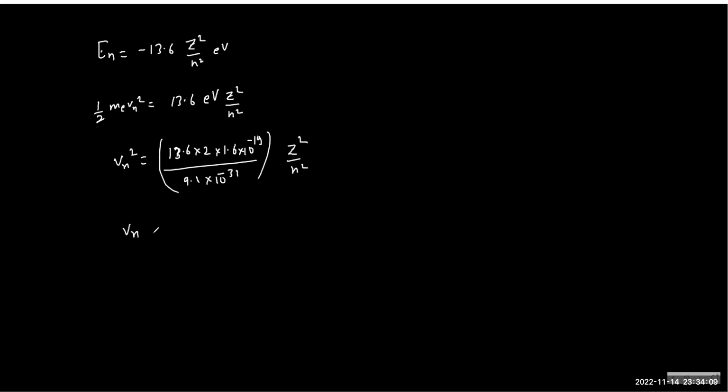So if I take the root of this value, now you're supposed to remember these values. I definitely don't remember because I don't need to, but you guys need to remember some calculation already.